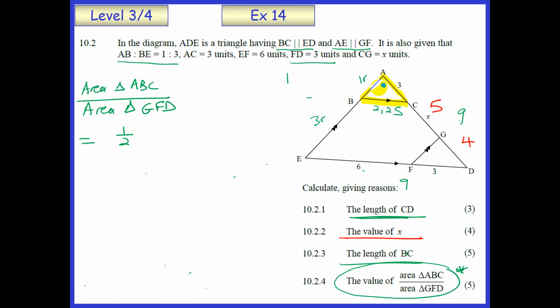When I look into the diagram properly, we actually have two sides in the triangle. So we have 3 and we have 2.25. So the angle we're going to use is angle C. So we can say that, using the area rule, the area is half times 3 times 2.25 times sine of angle C.